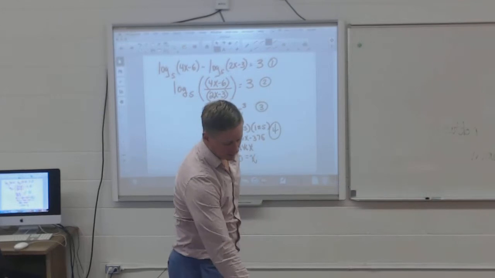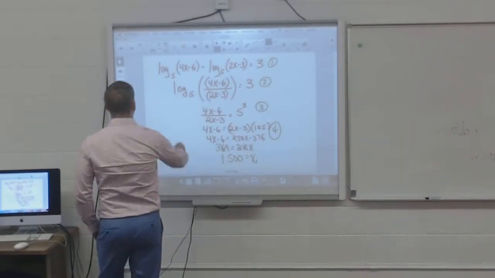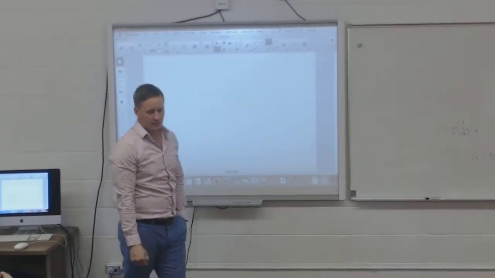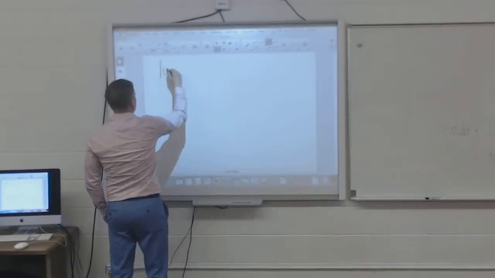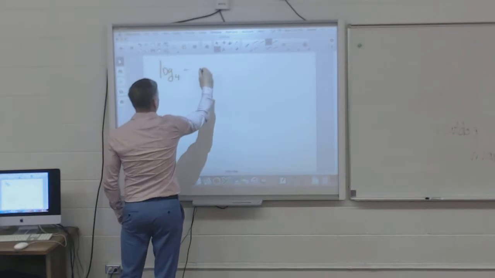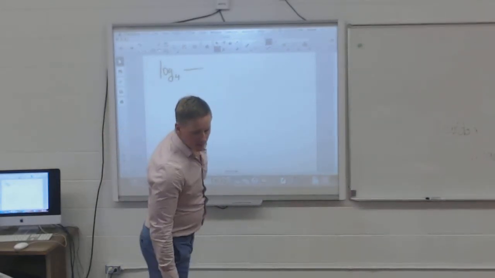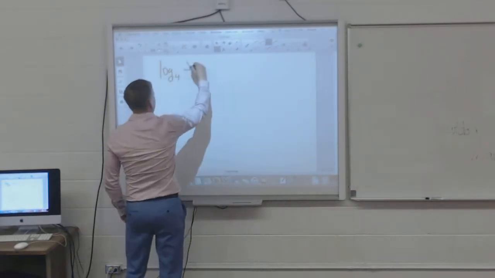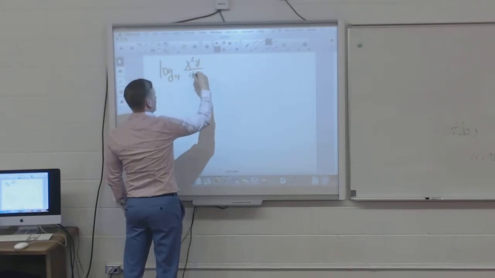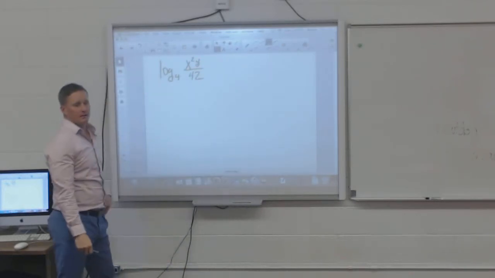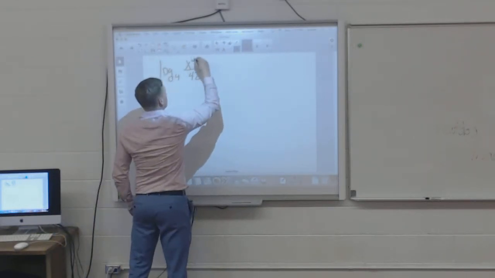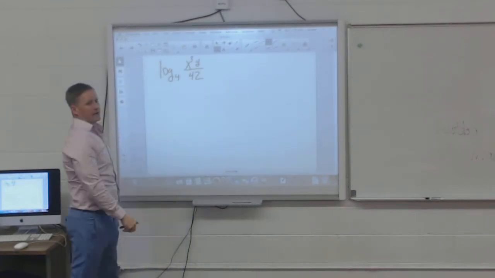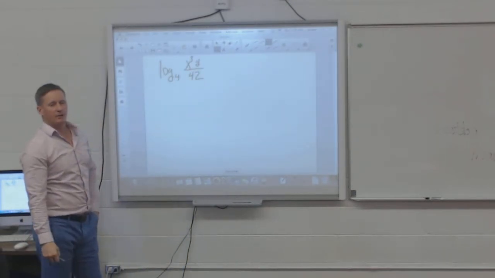I'll show you 275 question A. So you've got log base 4 of x cubed y over 4z. Same thing in A. Anything on top is multiply, which you add.